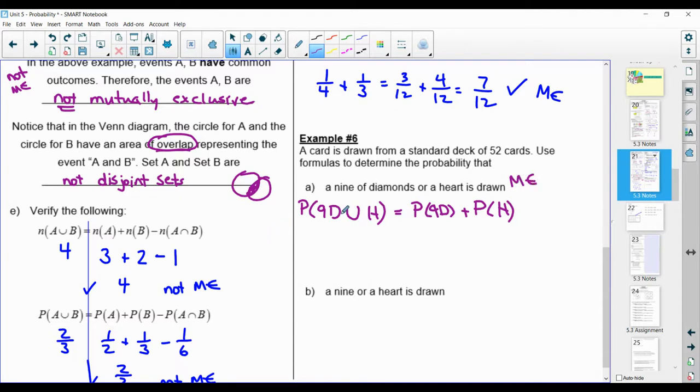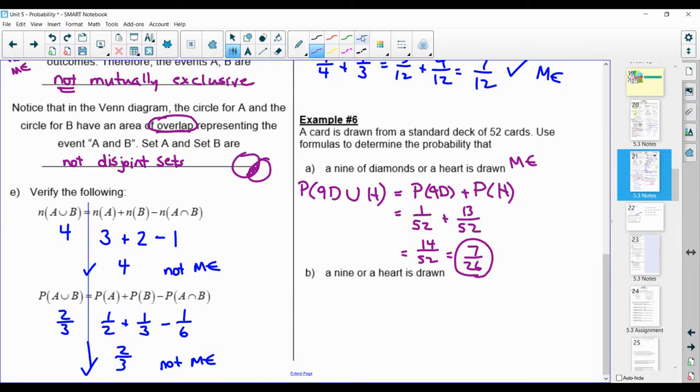So probability of 9 of diamonds, well, there's 1 9 of diamonds out of 52 cards. Probability of hearts, there are 13 hearts out of 52. So our probability is 14 out of 52, which reduces to 7 out of 26. So remember, we always want to write these as fractions in lowest terms, unless we're specifically asked for a decimal or a percent.